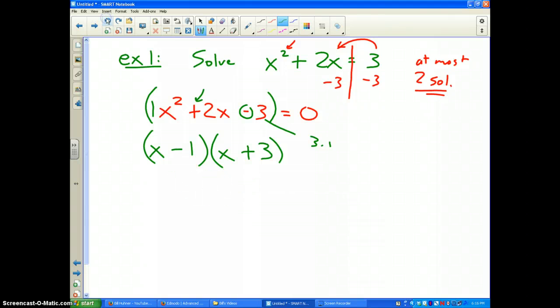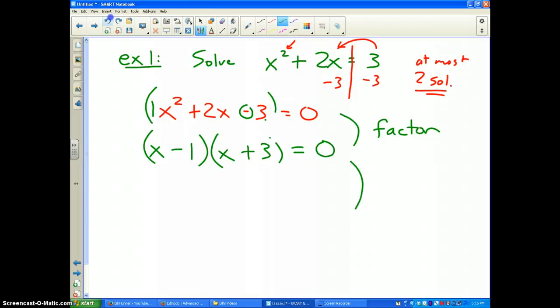Now I'm going to back up and do a little bit of erasing here. I'm going to put this back in here, but I need to erase this because our problem equals 0. So step number 1 is to factor. Now, step number 2.